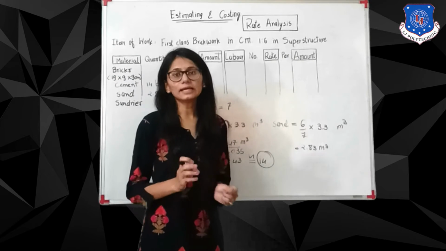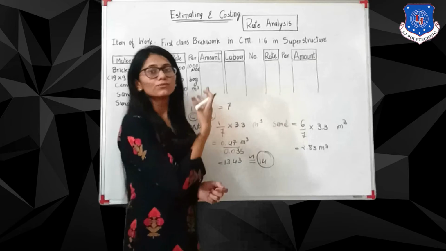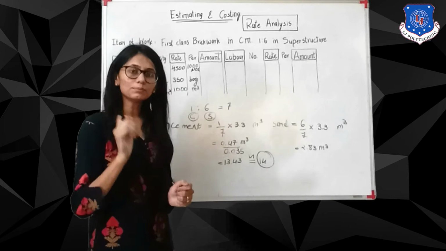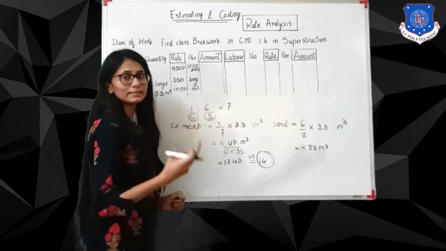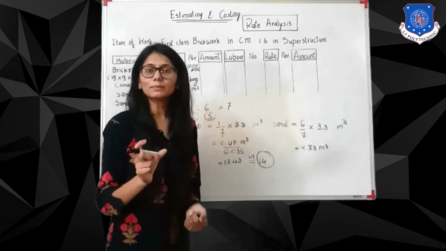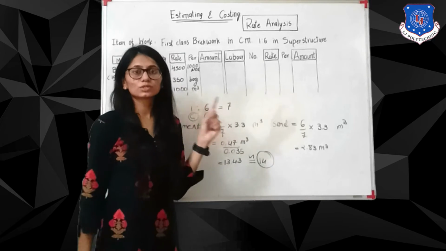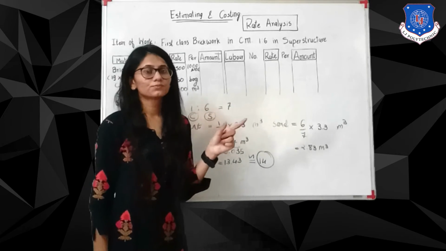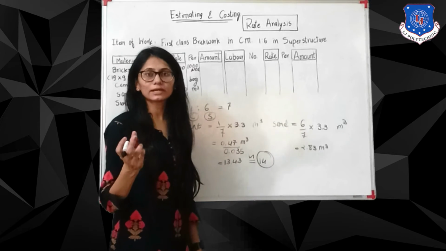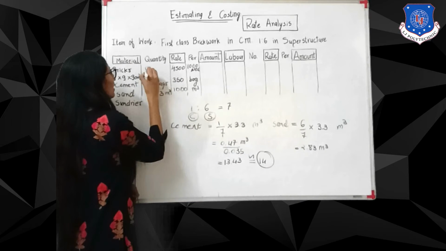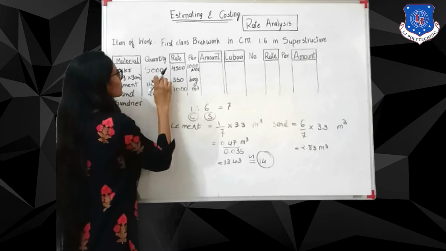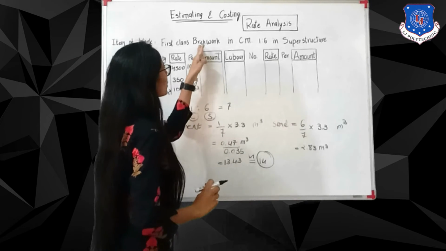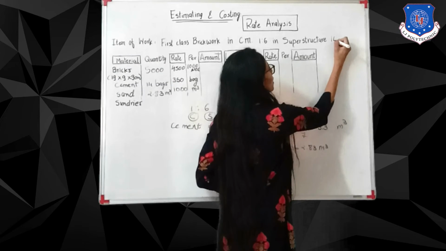We already had the idea of different standards for brickwork and cement work in our previous session. How are we going to find the quantity of bricks? For 1 meter cube, bricks are used in number of 500. So we require 500 bricks. I am taking 5,000 bricks because we are calculating the 10 meter cube work.